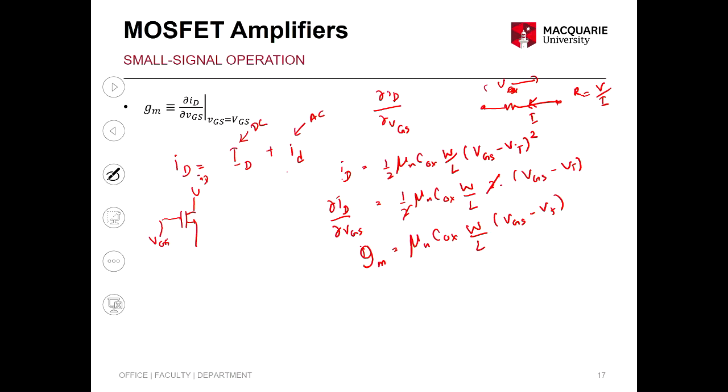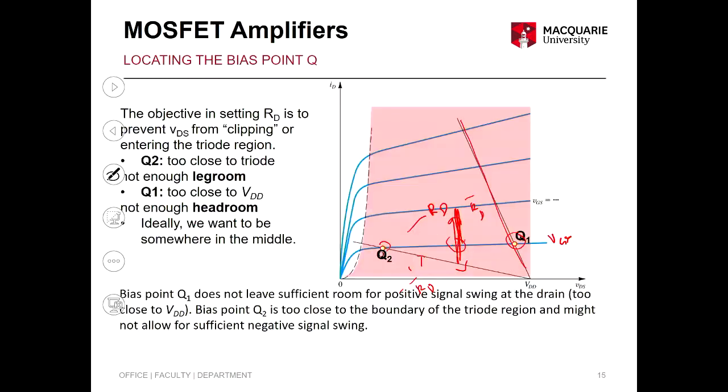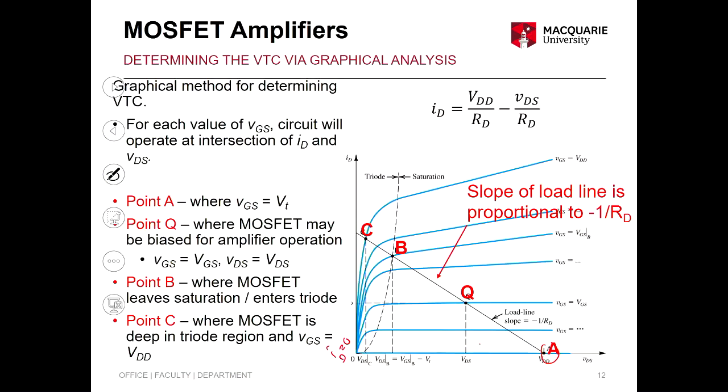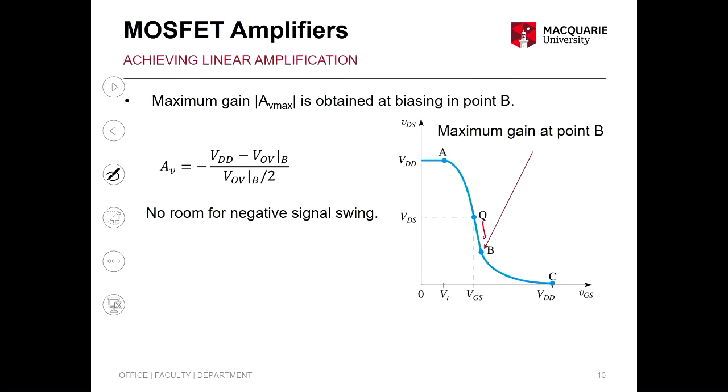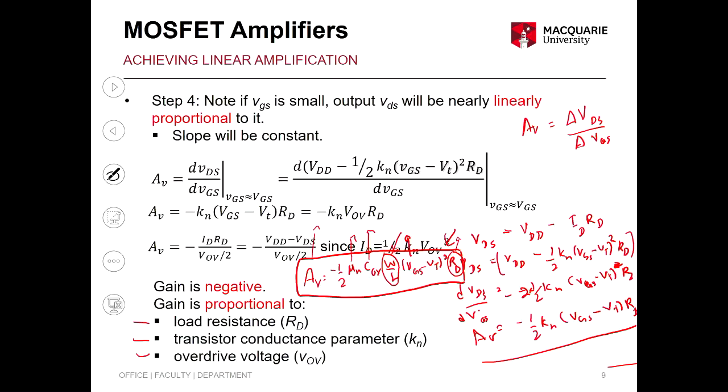Remember this, mu n Cox W over L. Here the half cancels with the 2, so we basically got AV equals minus GM RD.